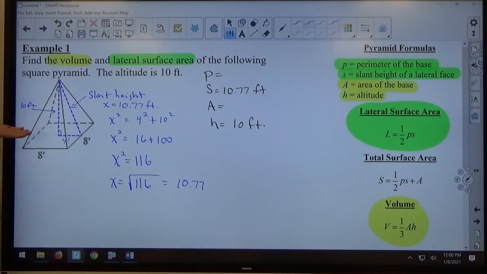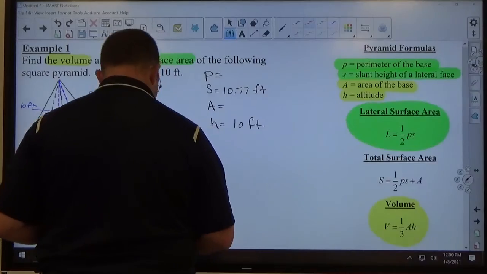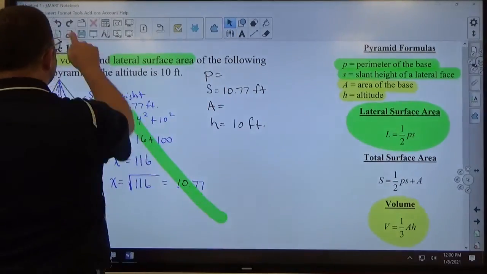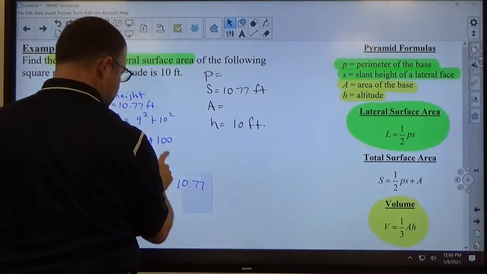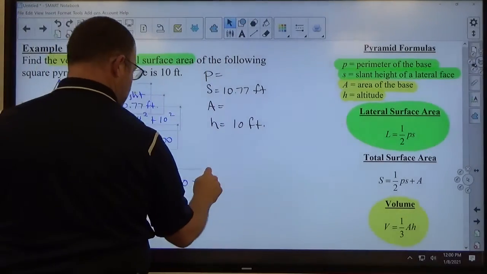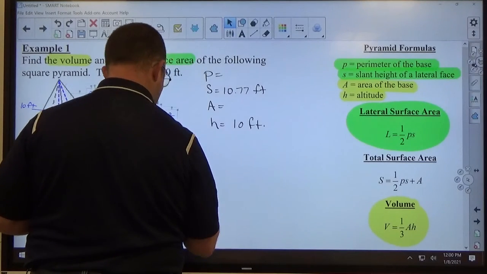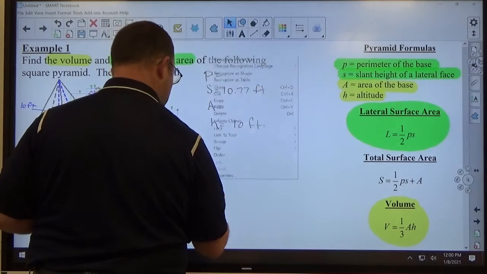So the base itself is this square, which is an 8 foot by 8 foot square. So if I look at that, you just take this, shoot, take this and shrink it up. This board.